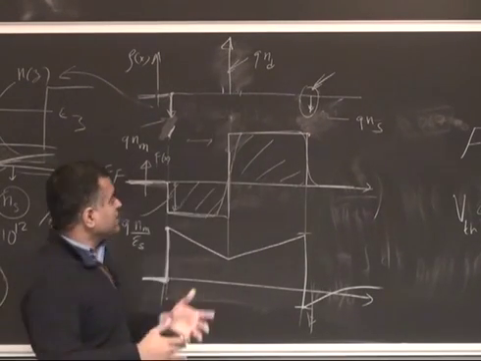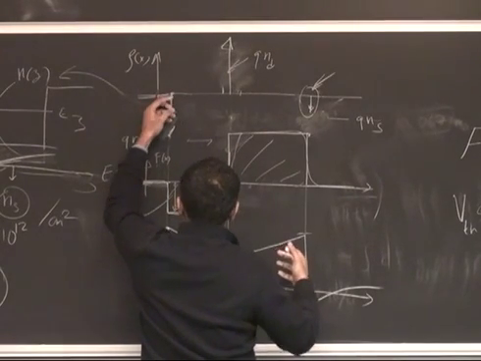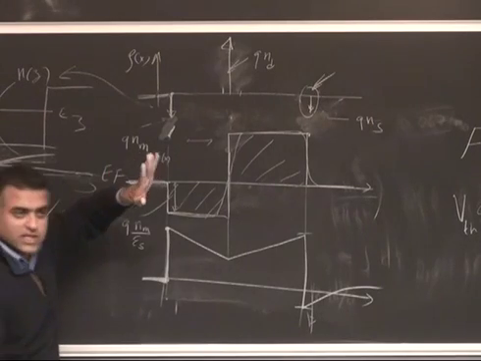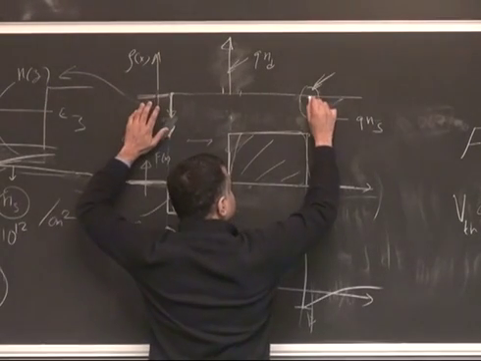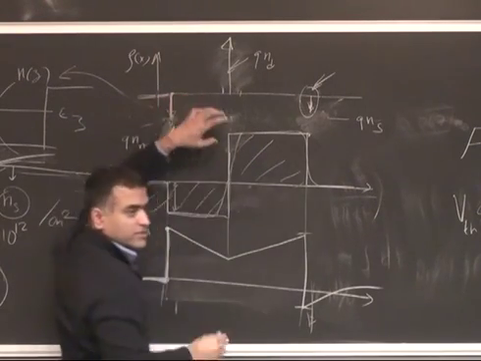And as I apply more negative voltage, physically what am I doing? I'm putting more negative charge on the metal. Where is that negative charge coming from? It's coming from there. Makes sense? So essentially, as you apply negative voltage, you shrink this down, down, down, and you grow this by exactly the same amount.